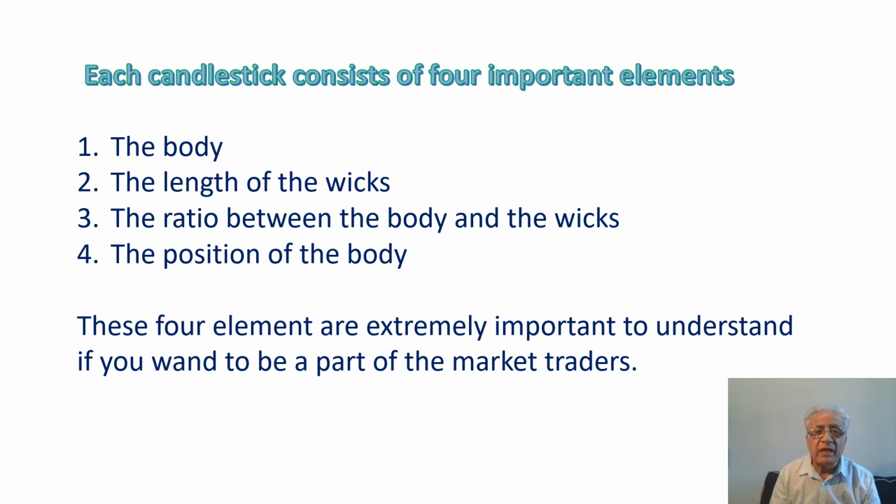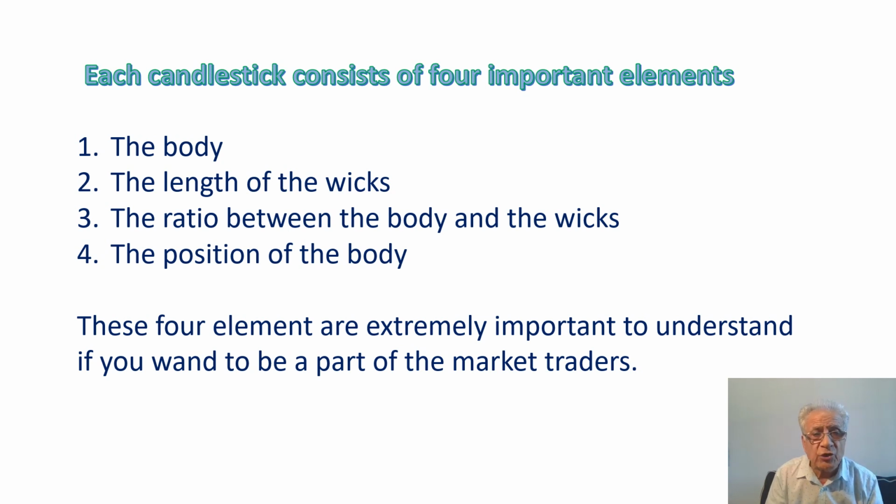Number two, the length of the wicks. A large upper shadow represents significant selling or a bearish signal, even if the body of the candle is green. A large lower shadow represents significant buying or a bullish signal, even if the body of the candle is red.